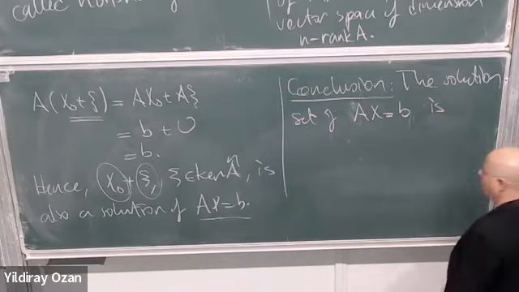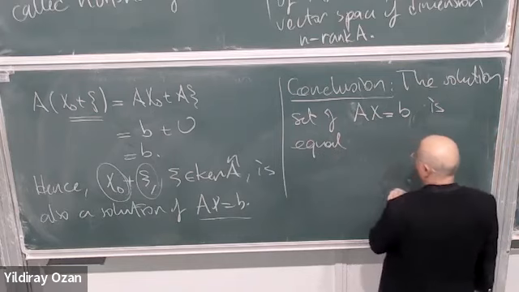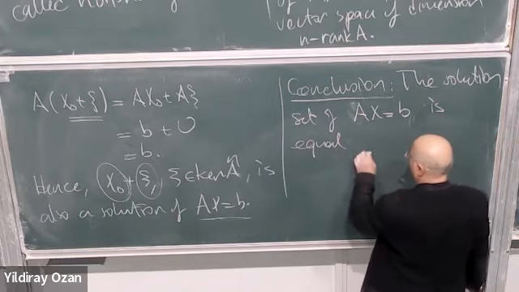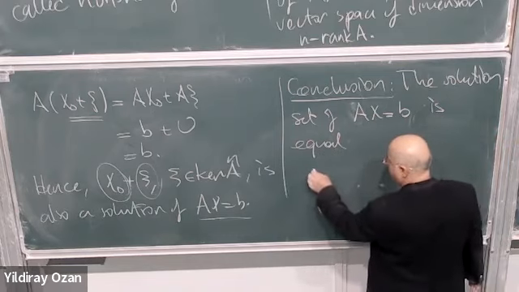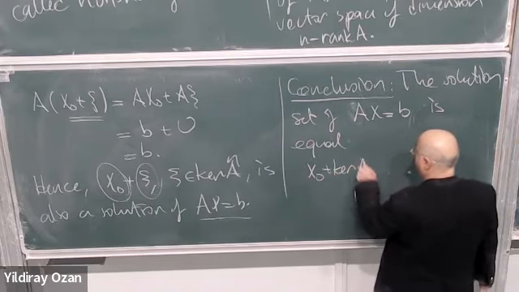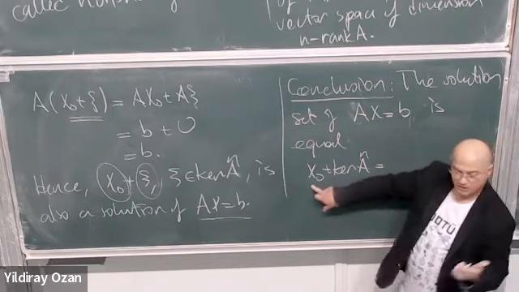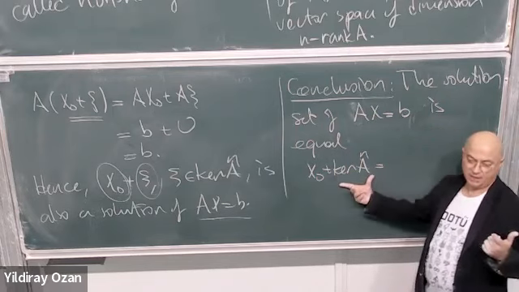is equal to, what is it equal to? It is x0 plus the kernel of A. What we mean by that is this is a vector and this is a subspace.